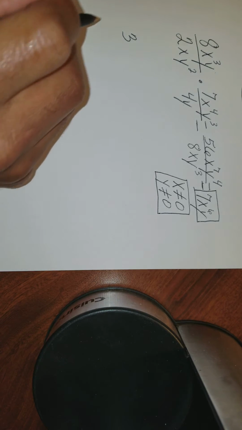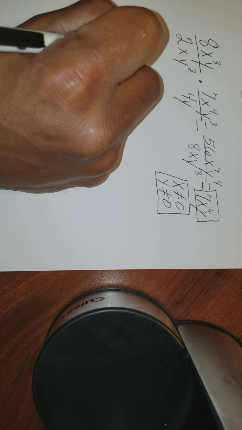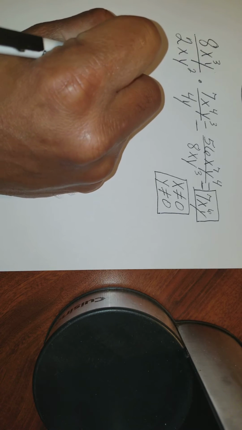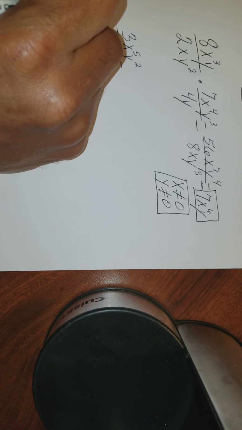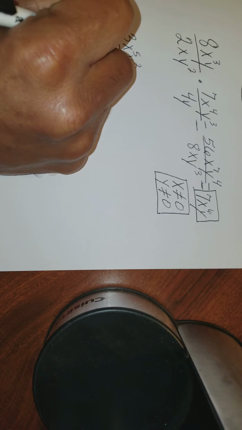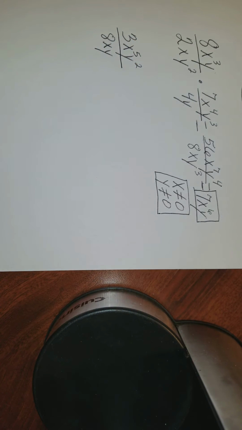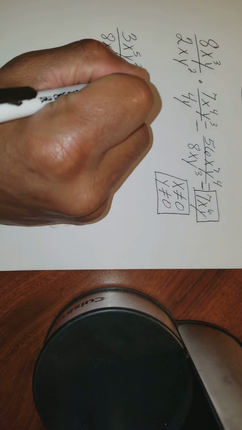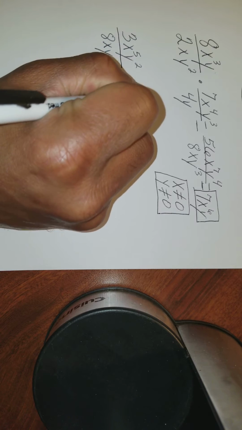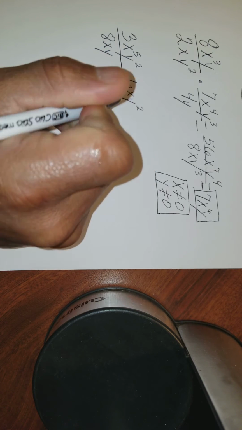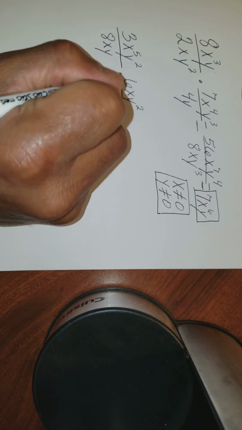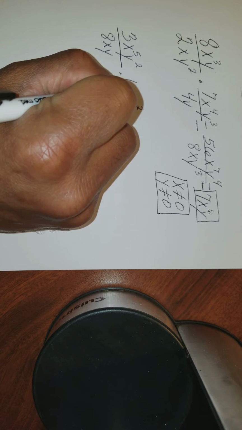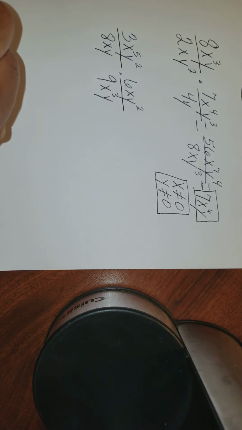Here I have 3x to the 5th y squared divided by 8xy, times 6xy squared divided by 9x cubed y.